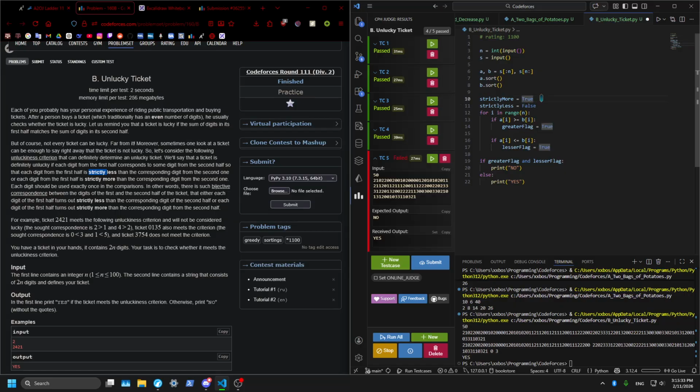By default true. And if A[i] happens to be greater than B[i], then strictly less equals false, else strictly more is false.